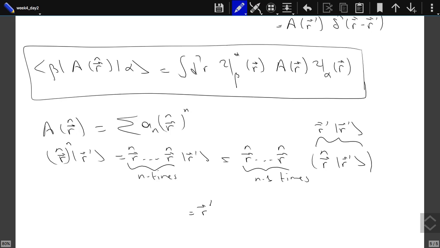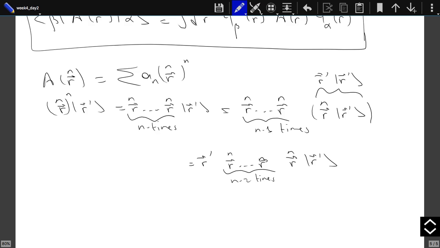Since it's just a number, I can move it to the left of all the operators. I have n minus 1 operators left. Now these are n minus 2 operators, and there is another one. Now this is nothing but the r prime vector, not the operator, multiplying the ket. And I can just act with all my operators on this r prime ket. So it just becomes r prime to the power n acting on this ket.